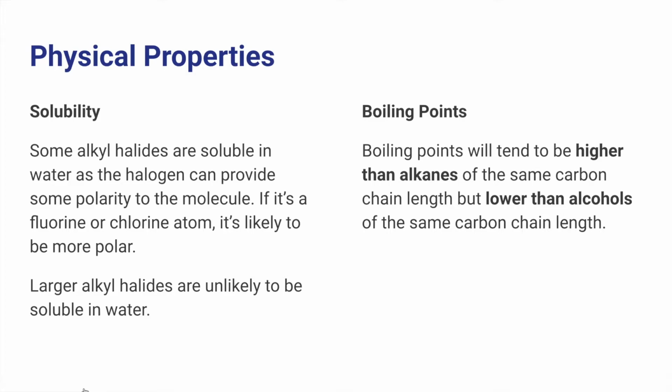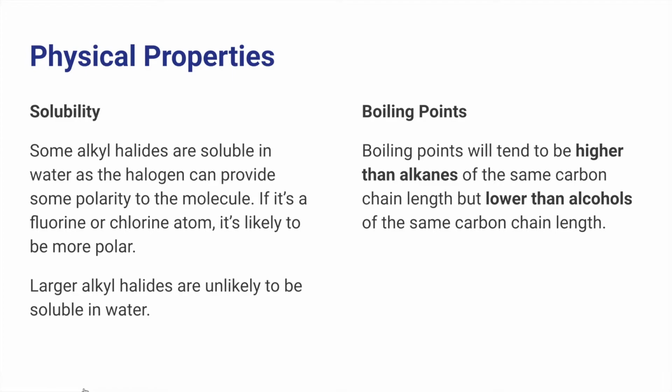So the boiling points tend to be higher than alkanes, but lower than alcohols. They're higher than alkanes of the same carbon chain length, primarily because of those polar interactions. It will at least have some dipole-dipole interactions, which increases the energy requirement to separate the molecules.